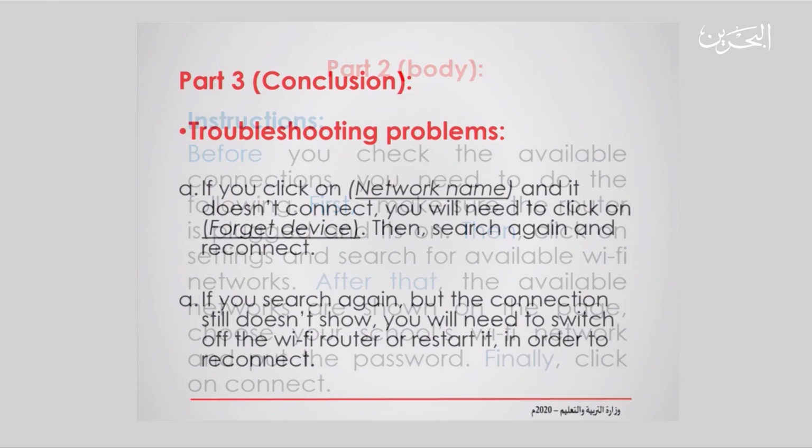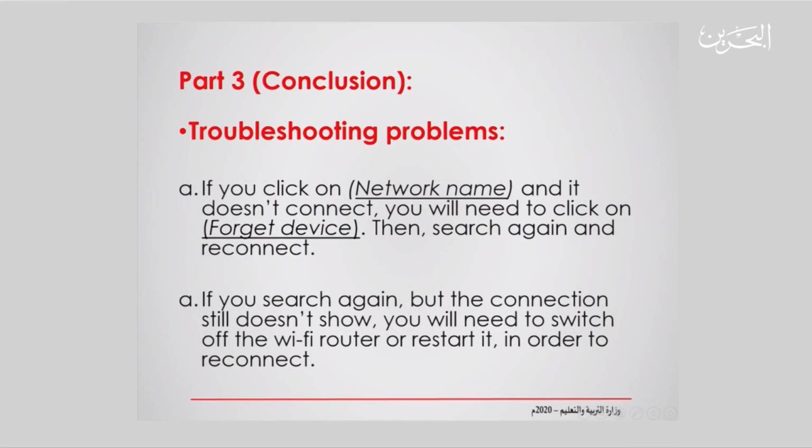Moving to the last paragraph, which is part 3, the conclusion. Here again, I have to mention the heading, which is troubleshooting problems. There is A and there is B. In this case here, I have to mention 2 problems I'm going through while applying the stages and the steps.